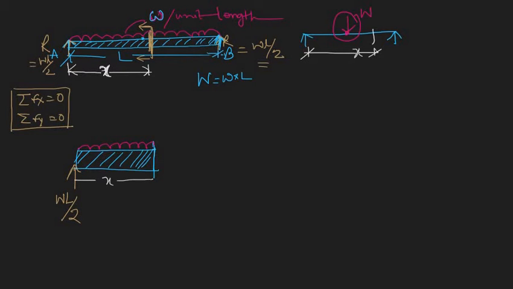What is the total magnitude of this UDL? This is w times x, and it acts at the CG here. What is this distance? x by 2. Clear? Now at this section, first make this section red, because we have cut it, that's why it is bleeding, and we have a total of three forces here.